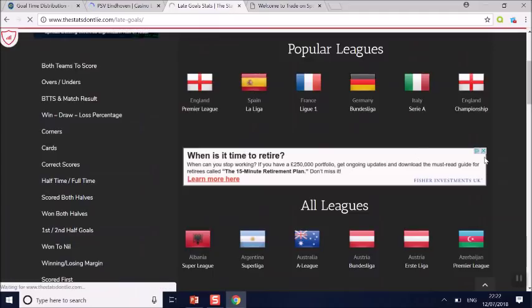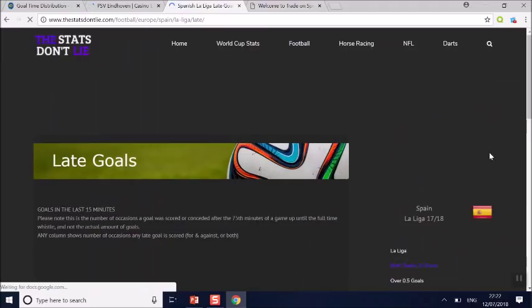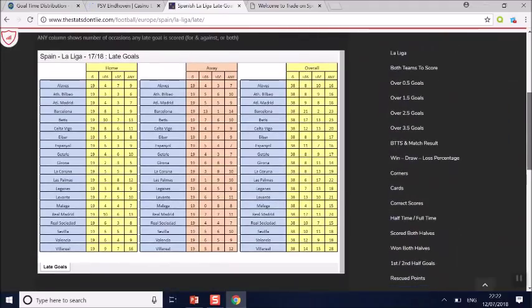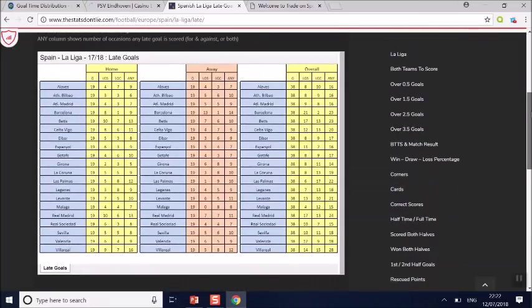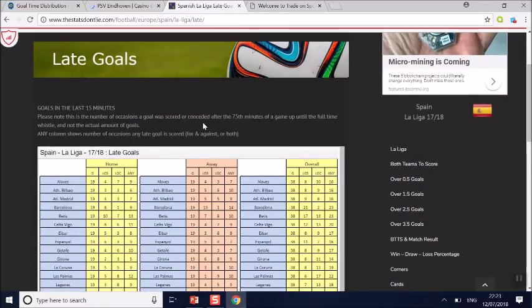it might not be a good example to use because the league is presently, and I don't have to, yeah. Okay, so what they've got here are results for the previous season, 2017-2018. What they've done here is define late goals as goals scored after 75 minutes until the full-time whistle.